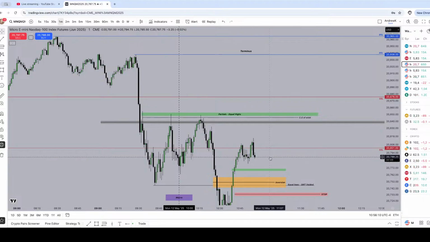So that's to fake people out. It's going to look like an inversion is forming, and it's going to go lower, and then it should trade higher.